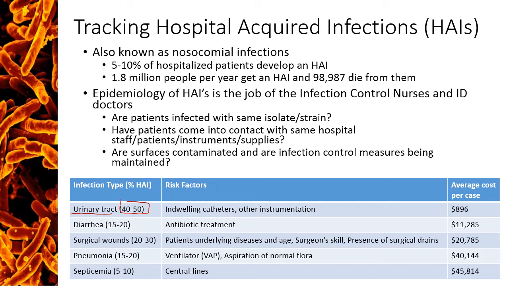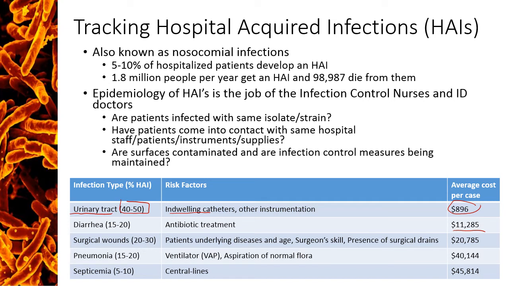That's a really high number. This is a lot of times due to catheters, and it costs on average about $900 more to treat each one of those patients. About 20% of people who get diarrhea in the hospital picked it up in the hospital. This is often C. diff. That's going to cost you a little over $11,000 for each patient.